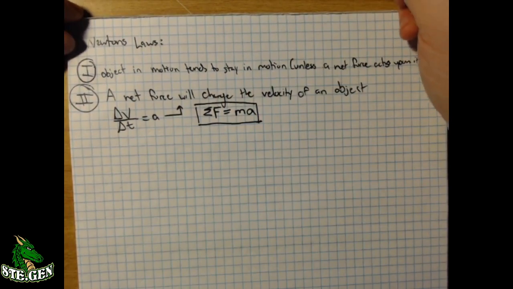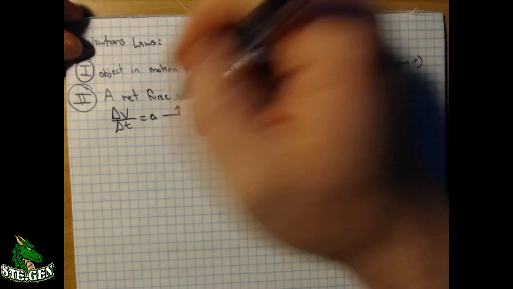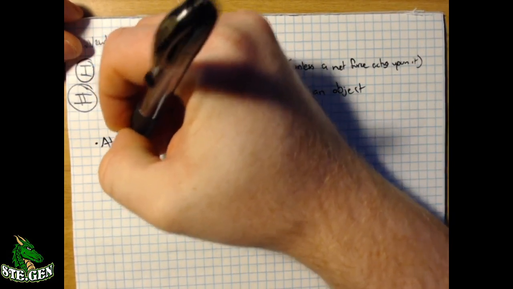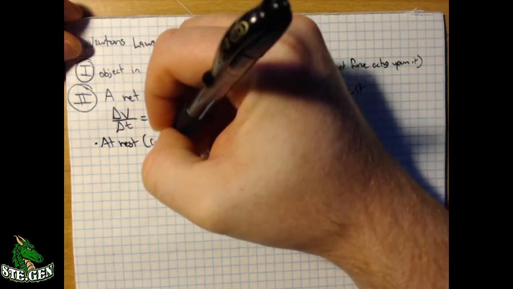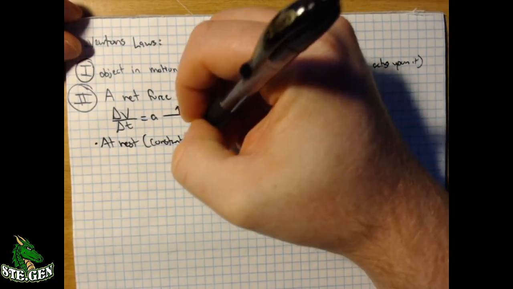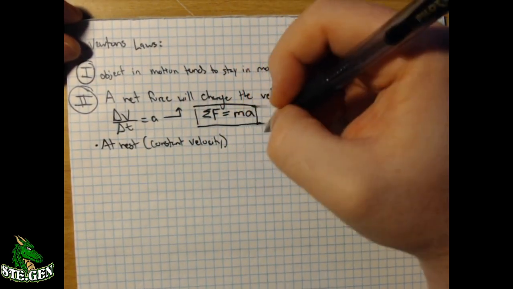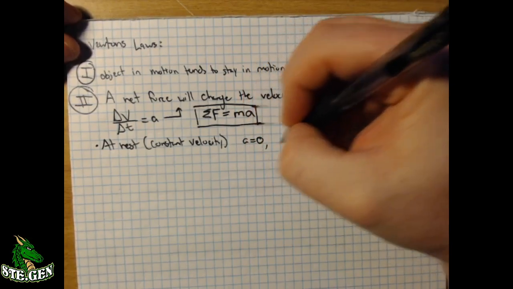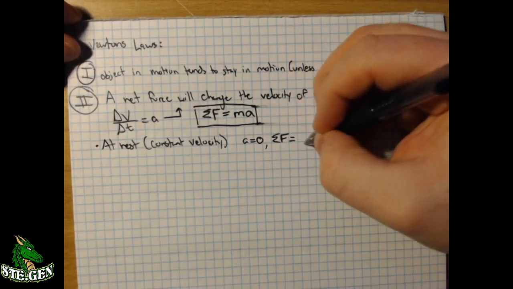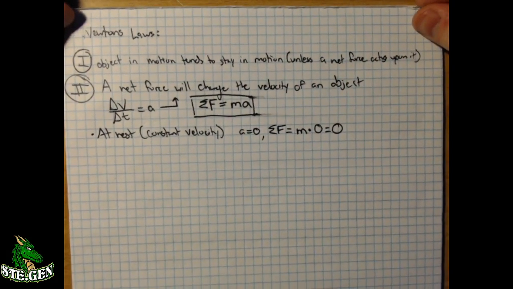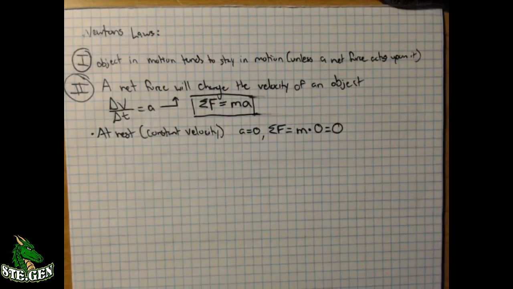Both of these together are also why, if something is at rest or at a constant velocity, acceleration is 0, so the sum of the forces is equal to mass times 0, which is equal to 0. So all of our forces involved will have to cancel each other out if that is the case.